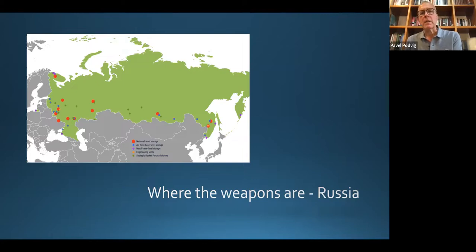The little dots are what I call base level storage facilities. These are where weapons are stored, including non-strategic weapons, though not all of them are non-strategic. For example, the green dots are the storage facilities for the strategic rocket forces bases. Some of those are naval storage facilities that store weapons for SLBMs.